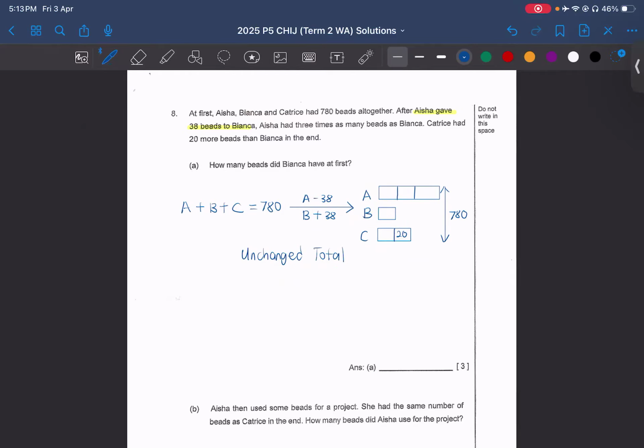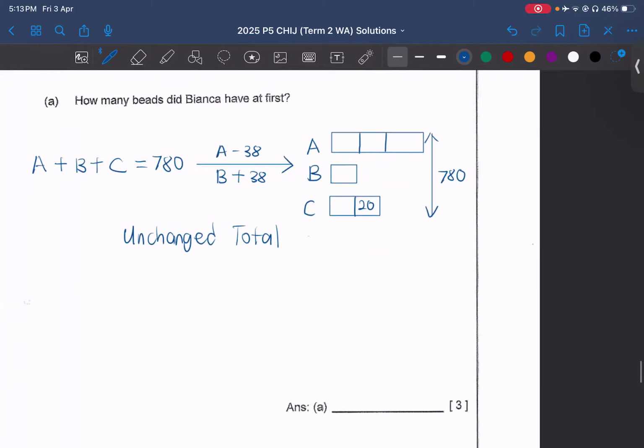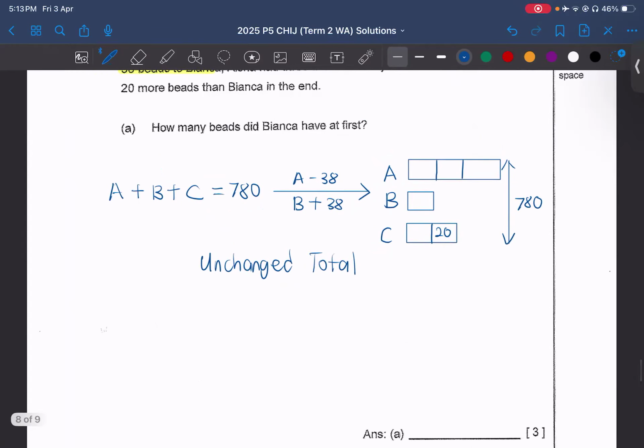Next we have to figure out how many beats Bianca had at first. We work with what we have left at the end, where the total is 780.